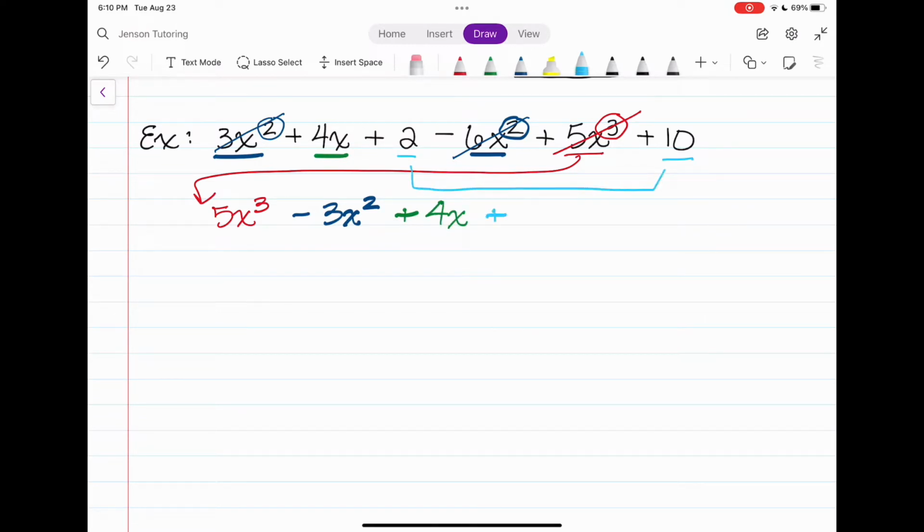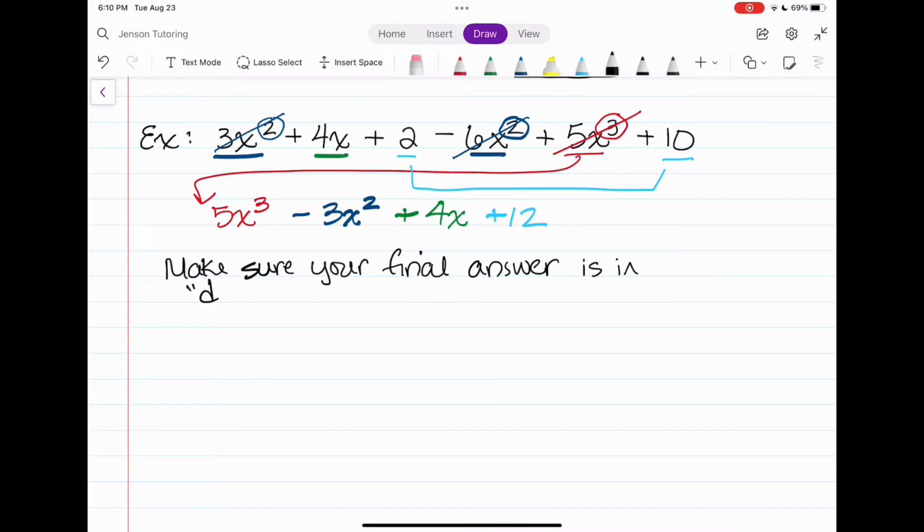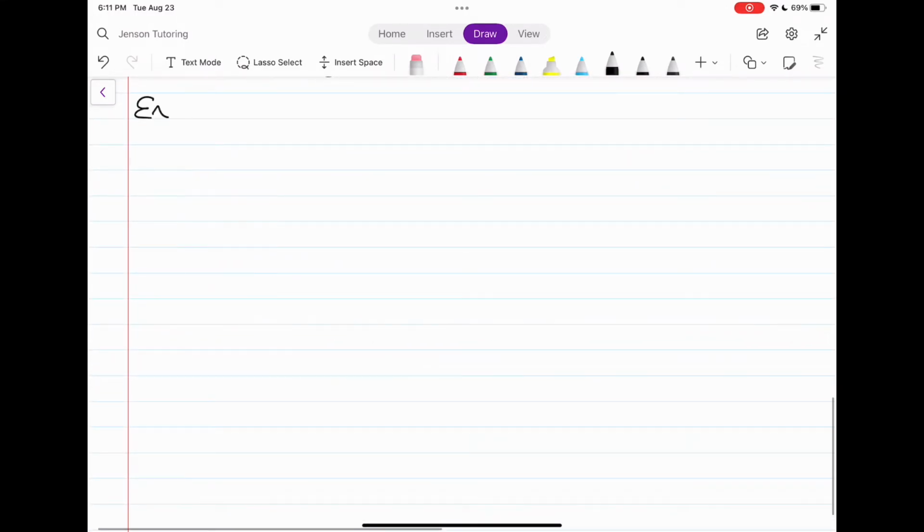And then I just have one term with an x in it, 4x. And then we'll combine our constant numbers. So we want to make sure that our final answer is in the right order. So we always need to put our final answer in descending exponential order, which is why I tend to start with that highest exponent first.